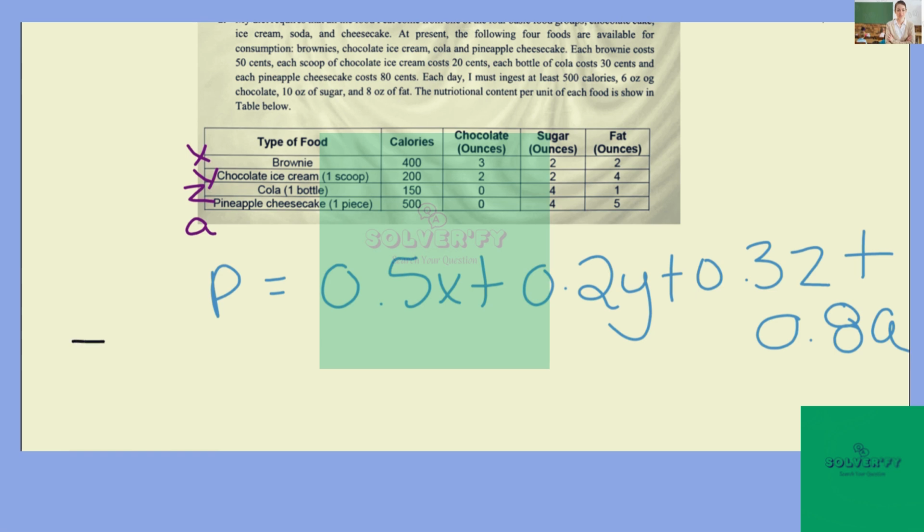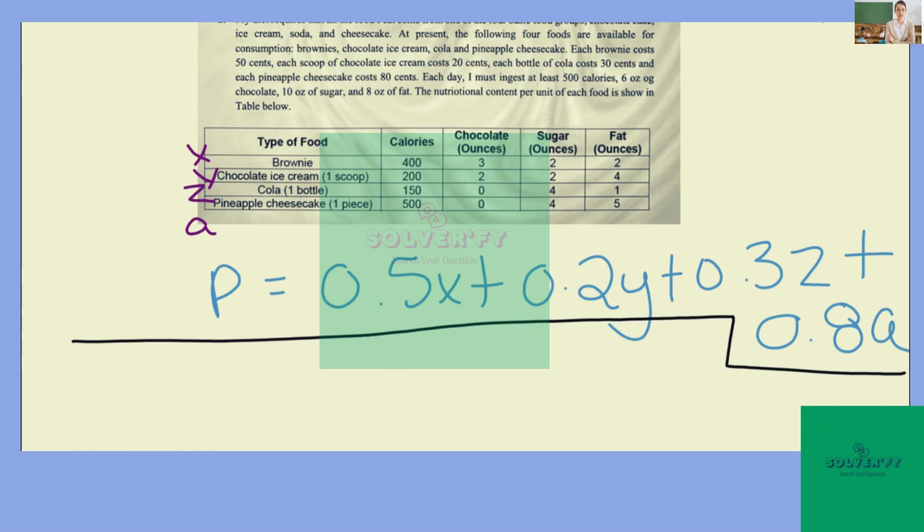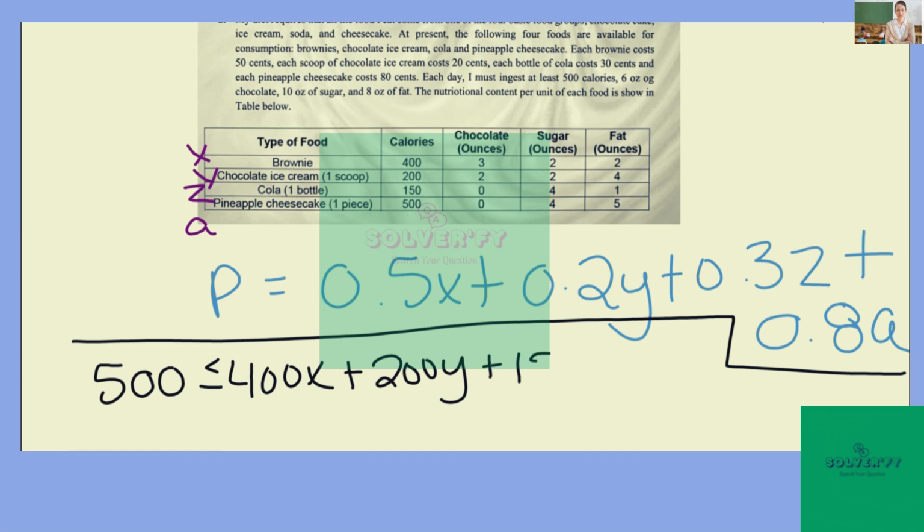Now we're going to write some inequalities for our constraints. Each type of food has a certain amount of calories, and we need at least 500 calories. So 500 needs to be less than or equal to 400X plus 200Y plus 150Z plus 500A.